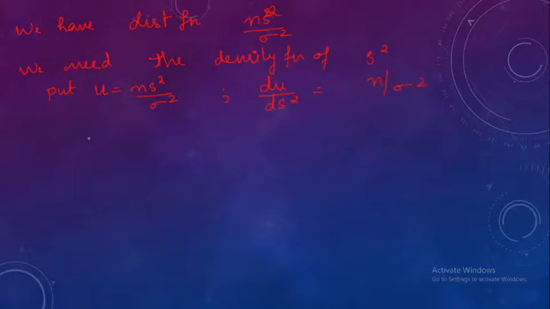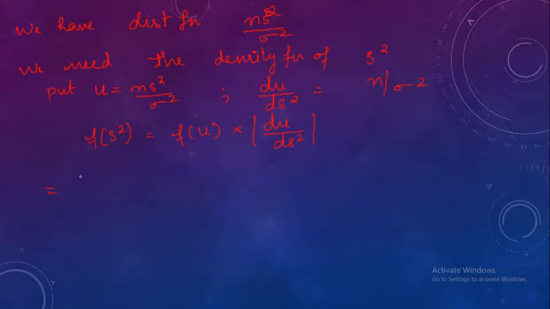Also we know that f of s square will be equal to f of u multiplied by the absolute value of du by d s square. This is a property that you have studied.